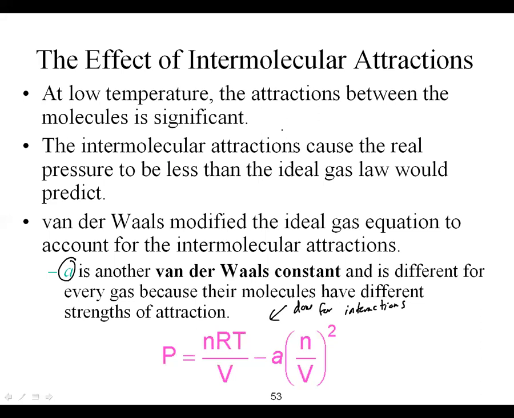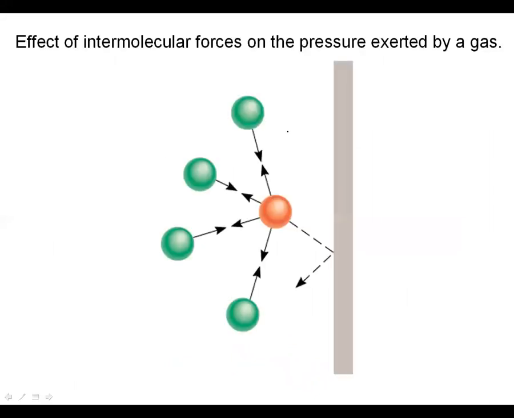And just to illustrate here, under real gas situations, because they are so close to each other and maybe because of the temperature, they're not going to be moving around as fast. There will be some attractive forces. So this red gas molecule, which under the ideal situation would be free to bang into the container, no problem, now feels some drag back from these gas molecules here.